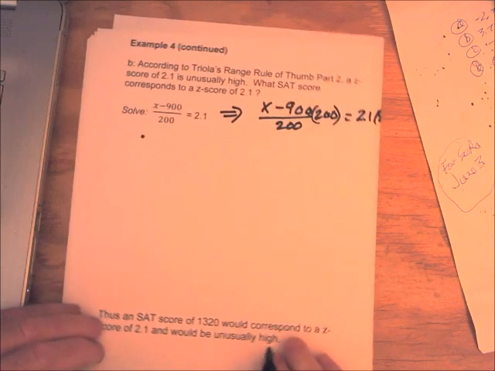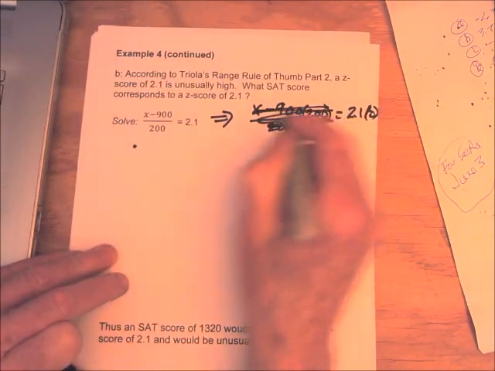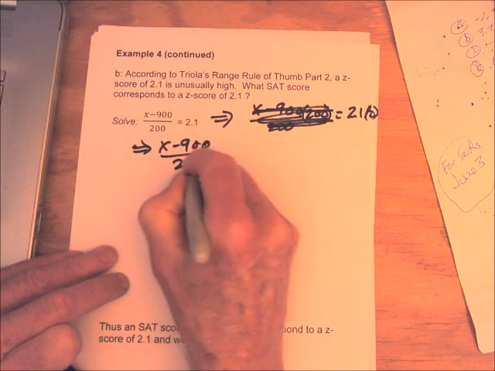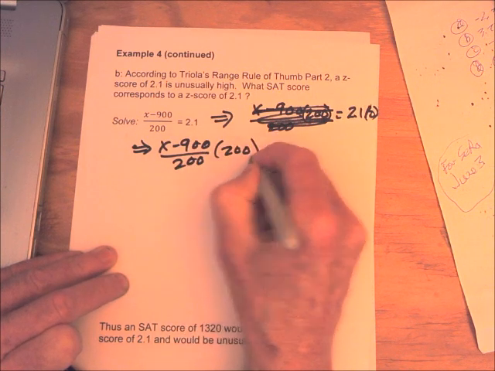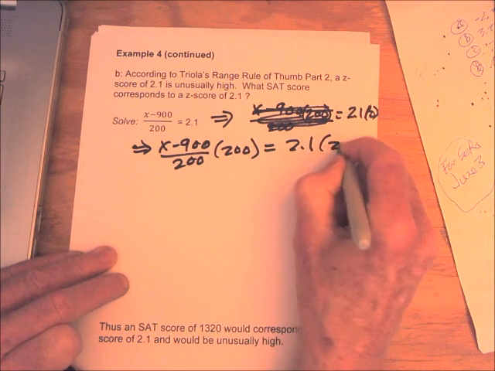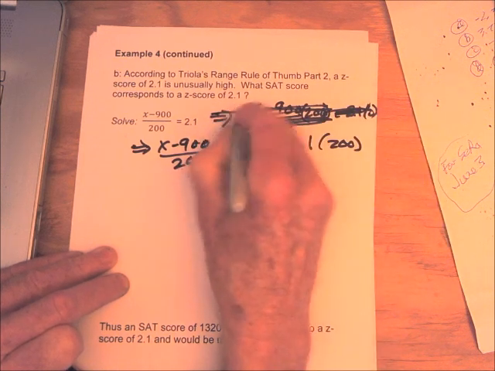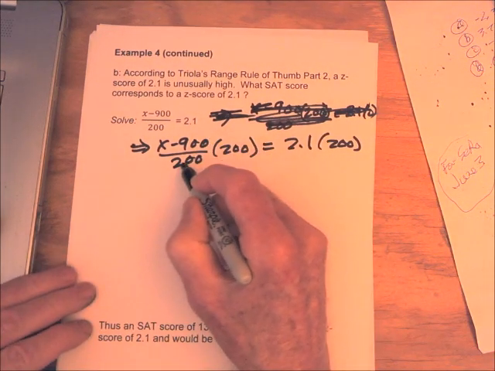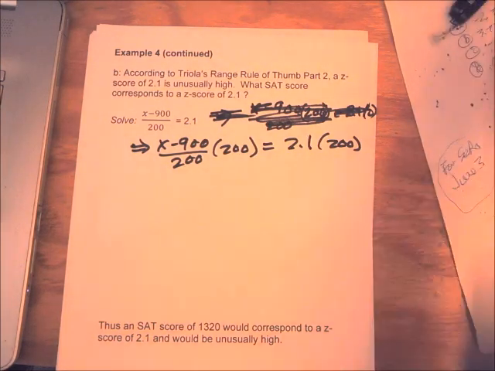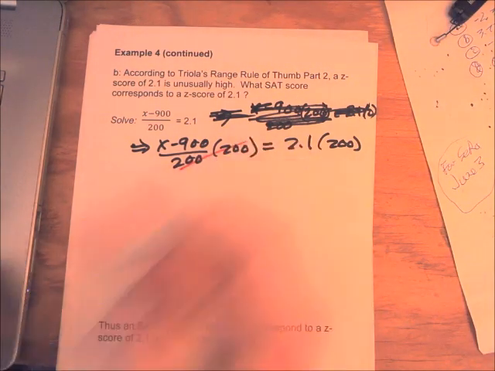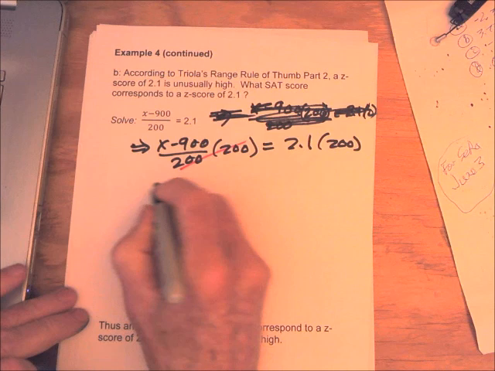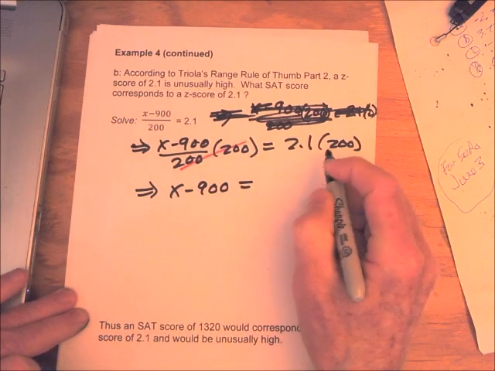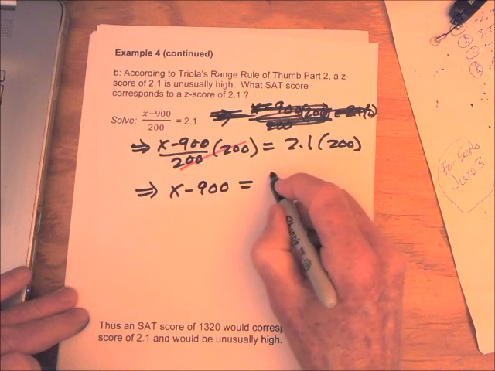Okay. So on the left side of the equal sign, the 200s will cancel, and we're just going to have x minus 900 equals, and 2.1 times 200 would be 420.